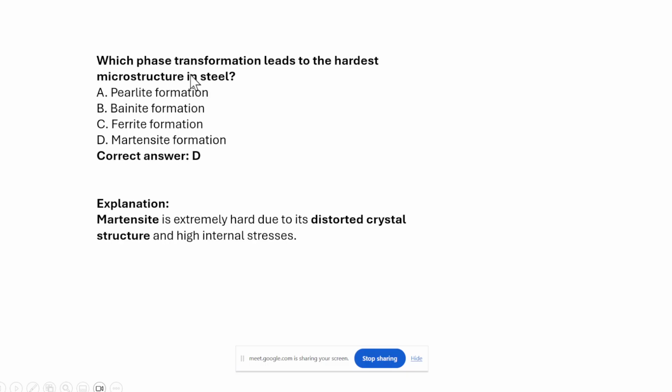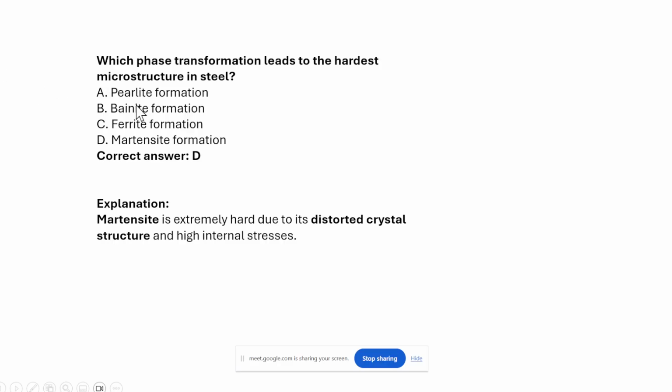Next: which phase transformation leads to the hardest microstructure in steel? It is always the martensitic phase. The fastest cooling rate will always generate the finer microstructure, higher dislocations, and distorted crystal structures, which results in less diffusion of the atoms and of the defects.